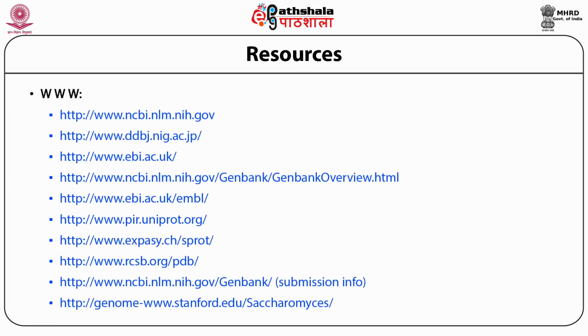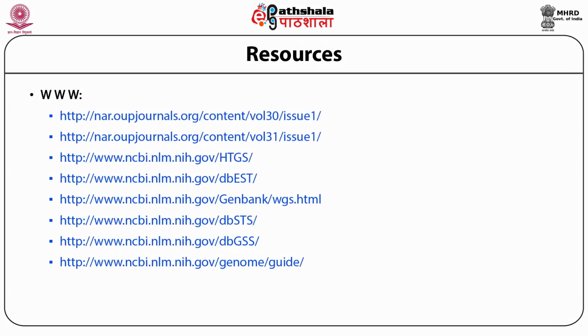You can go to any URL of the different types of databases and find the information accordingly. These are also different websites or servers where you can find different types of databases.